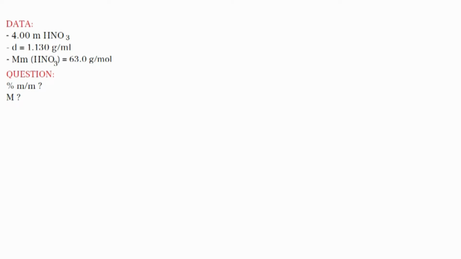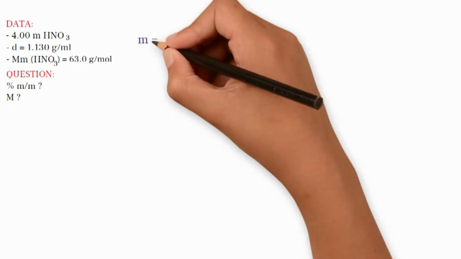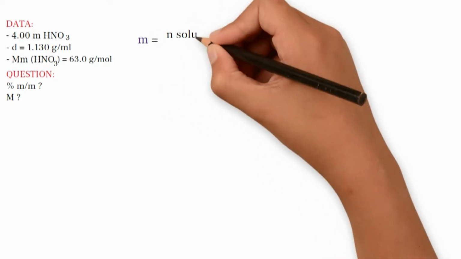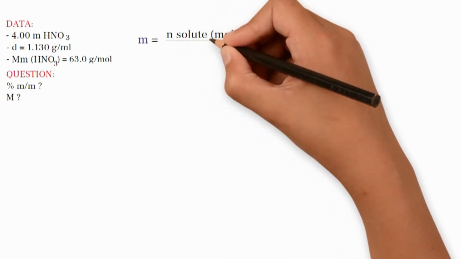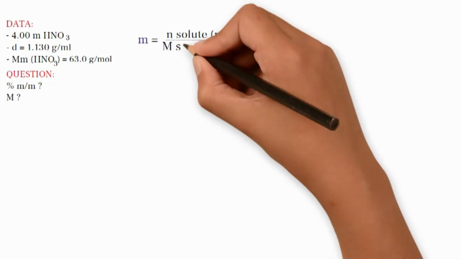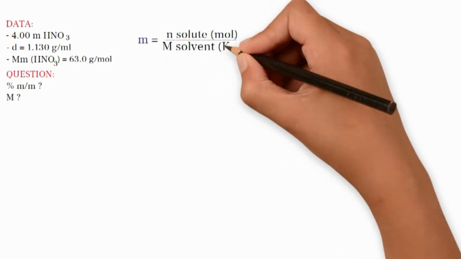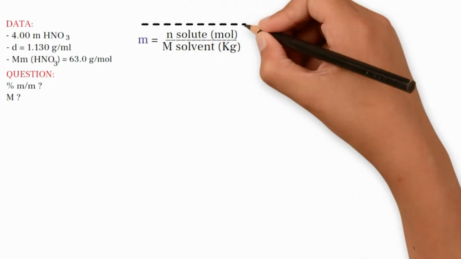So this can be very useful in the lab, because in the lab it's common, you have to convert from one concentration to another. Now let's remember what is percentage by mass and what is molality. So let's start from molality. Molality is the mole of solute divided by the mass of solvent in kilos.